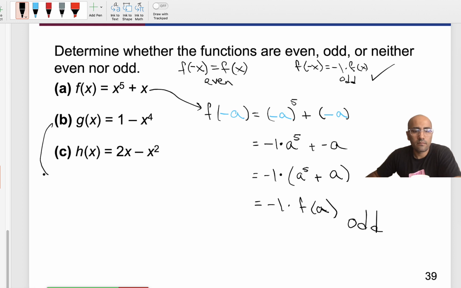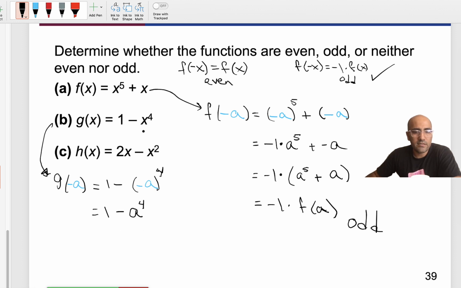Good. Questions? Doing it for this one, let's do g of blank equals 1 minus blank to the power of 4. And so we want to plug in negative a and see what happens. Well, we simplify it, and that's just going to be 1 minus negative a to the power of 4, which is going to become positive, so this just becomes a to the power of 4.